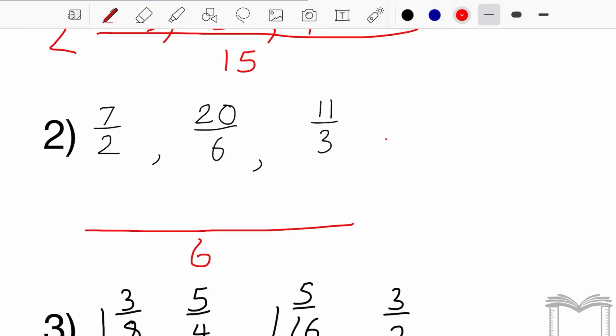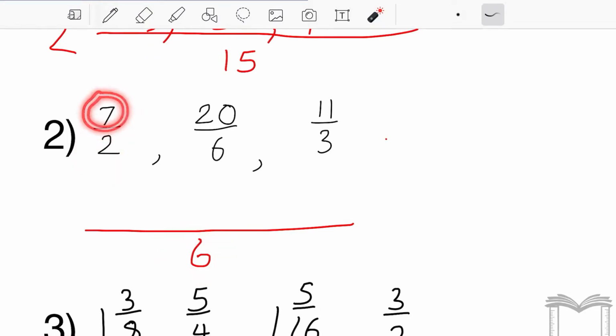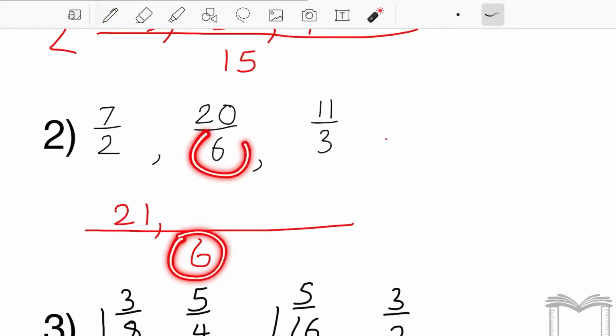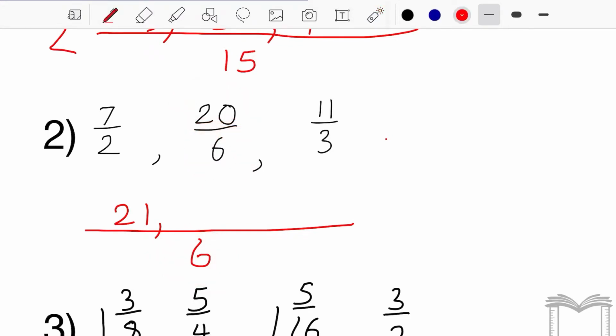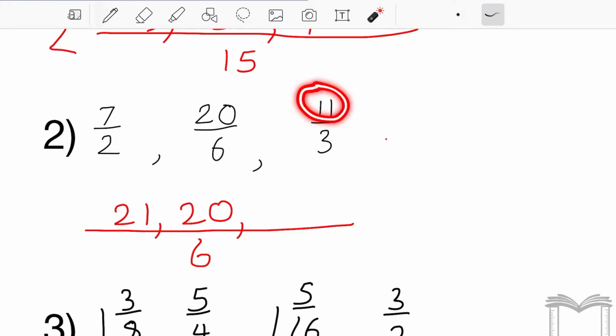So we are going to leave them as improper fractions. 2 into 6 is 3. 3 times 7 is 21. 6 divided by 6 is 1. 1 times 20 is 20. 6 divided by 3 is 2. 2 times 11 is 22.